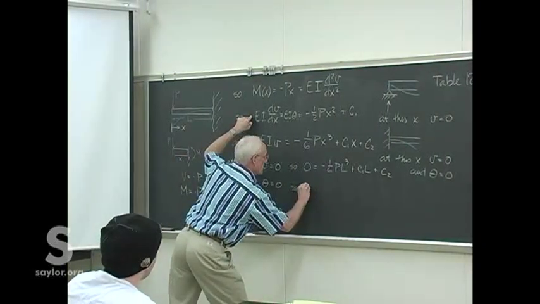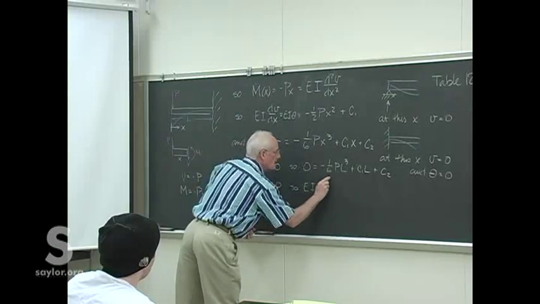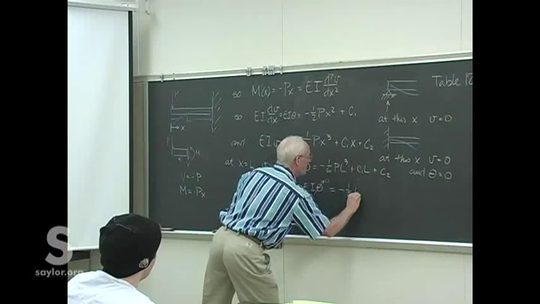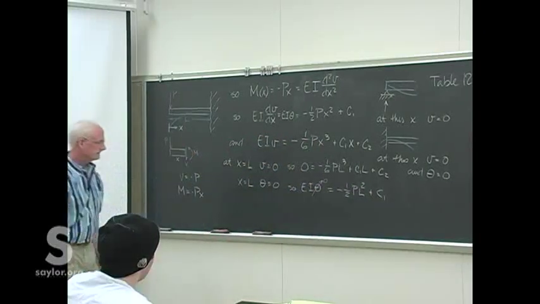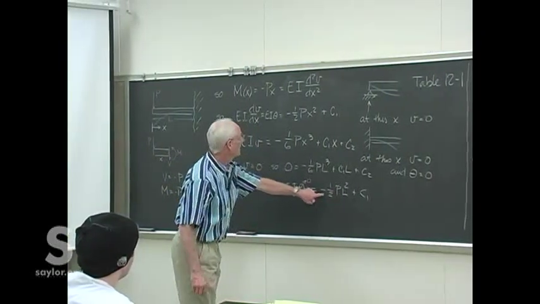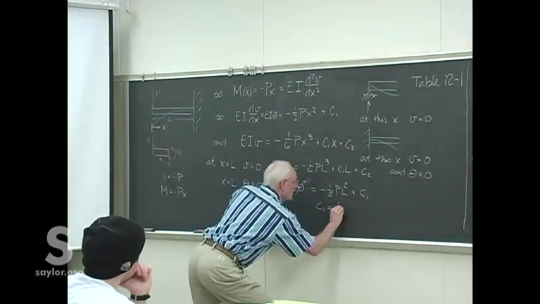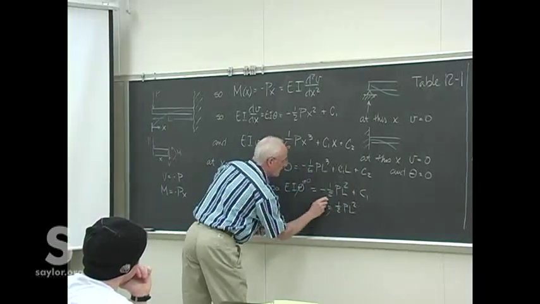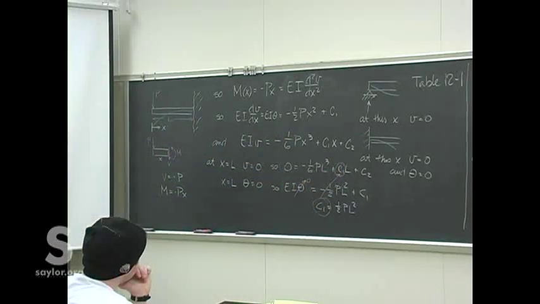So EI theta, but theta goes to 0 at x equals L. So minus 1/2 PL squared plus C1. So we know that C1 is the backwards of that, because of the minus sign, 1/2 PL squared, and so we can put that into there, and then we can solve for C2.